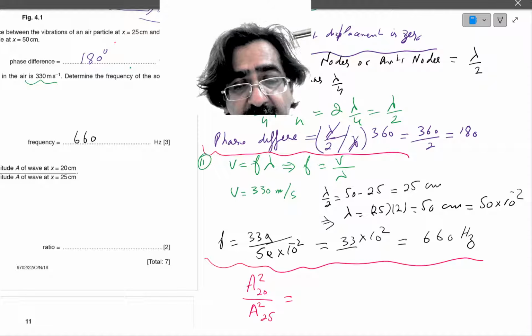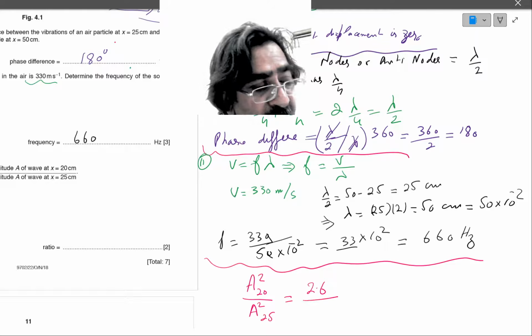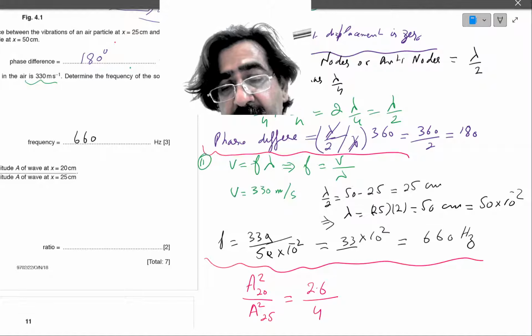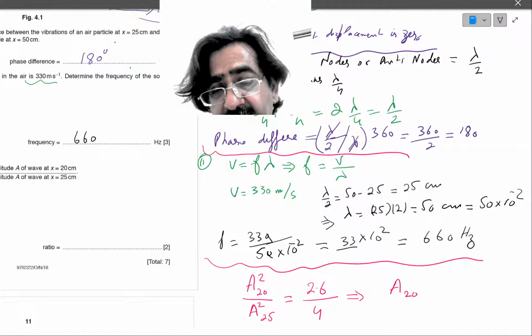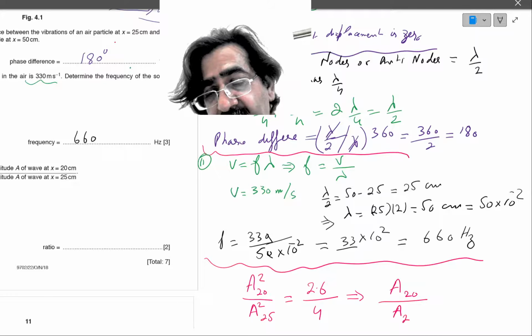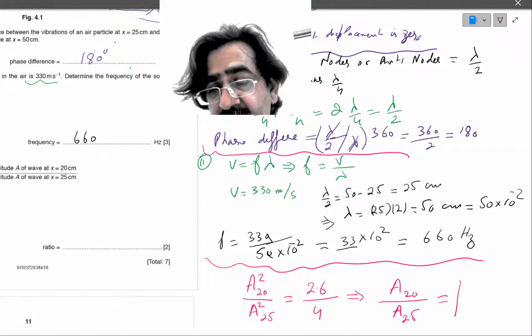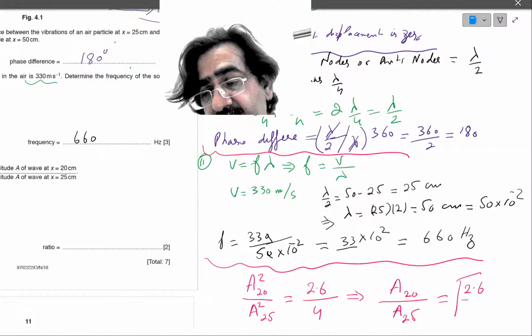So that was 2.6 divided by 4. This implies that A at 20 over A at 25 will be the square root of 2.6 over, sorry, 4.